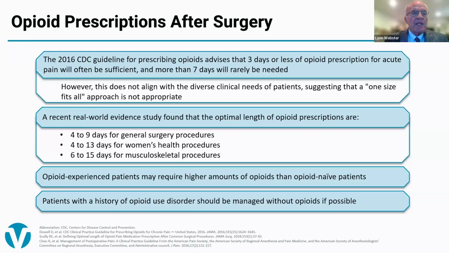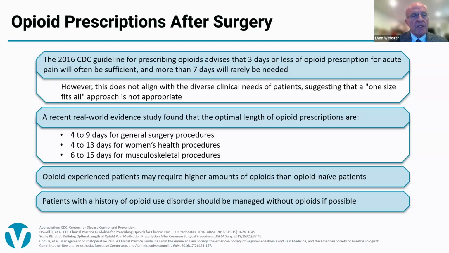Back in 2016, many of you will remember that the CDC guidelines for prescribing opioids had recommended 3 days and no more than 7 days of an opioid. However, that didn't align with a lot of real practical considerations.